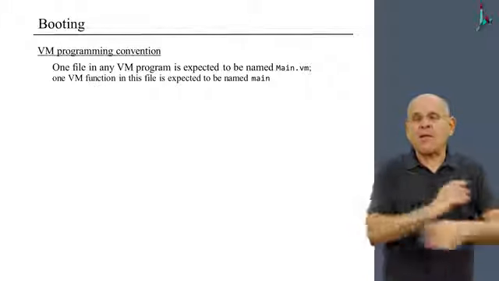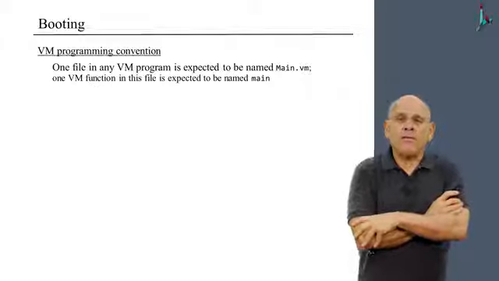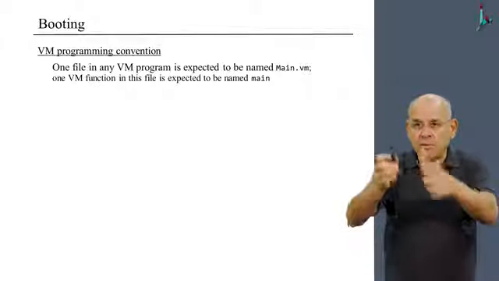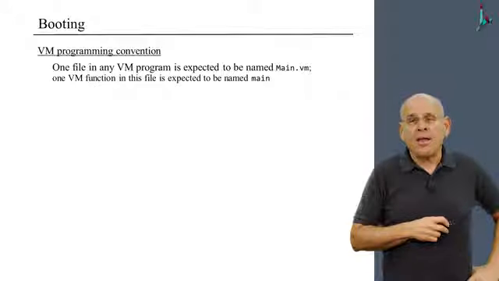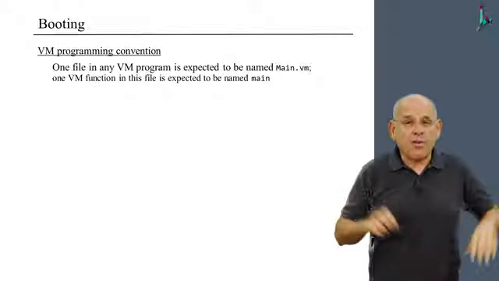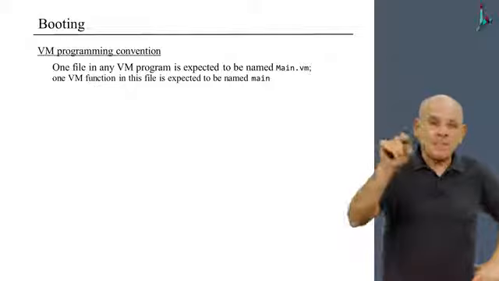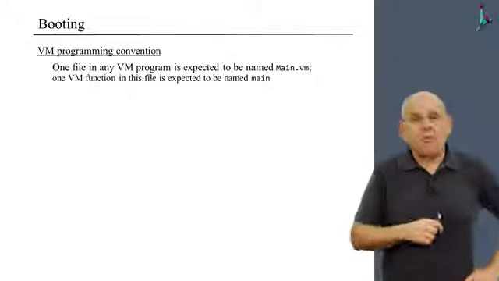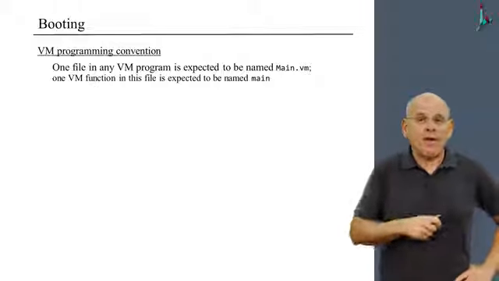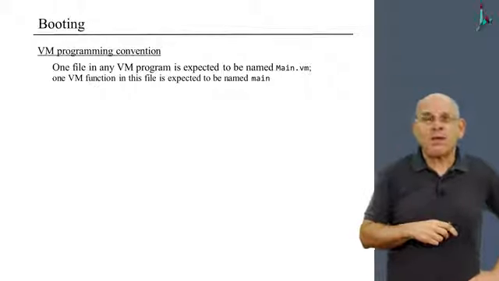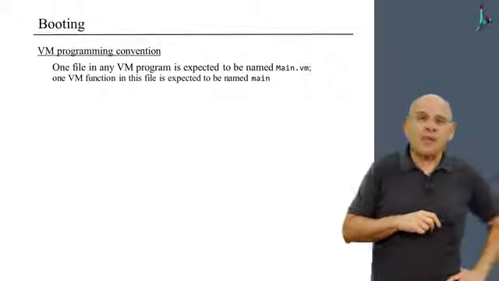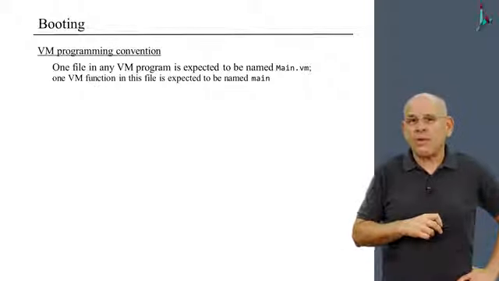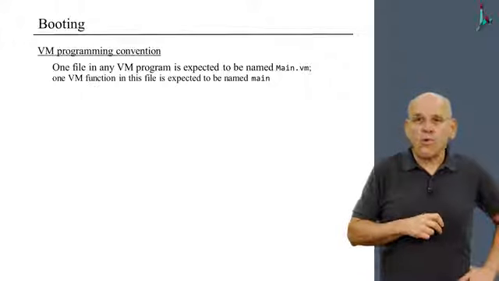Okay, so this is something that the compiler has to take care of, because the compiler is going to write this VM code, and it's going to be taken care of, quote unquote, automatically, because we have the same requirement at the Jack level, right? You will see that when we write Jack programs, we also require that at least one class will be named main, and one function in this class should be named main also. So this convention we're going to get it for free, quote unquote.